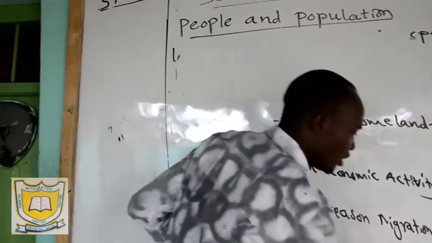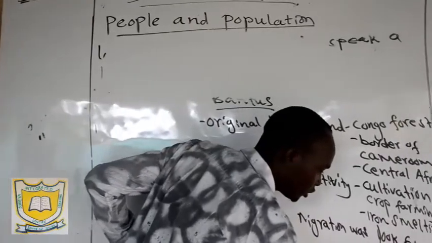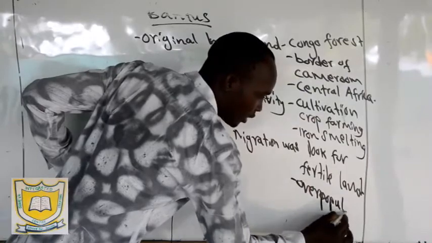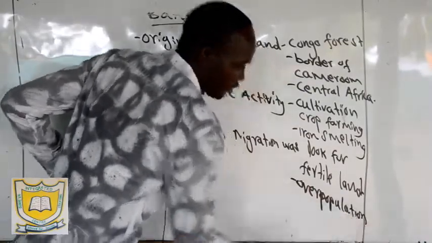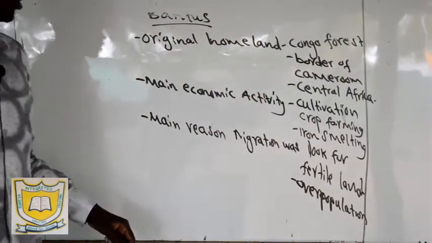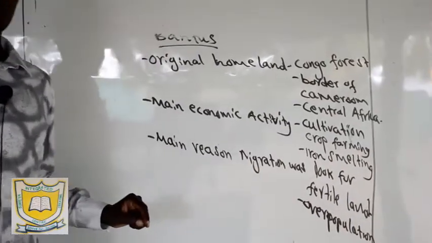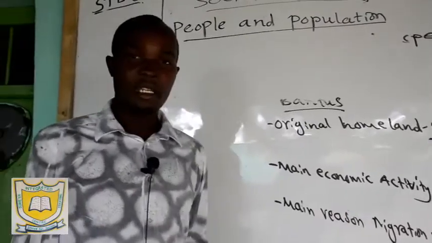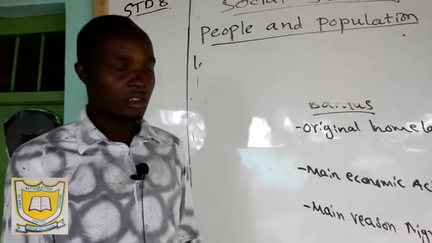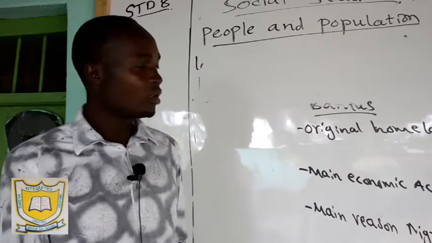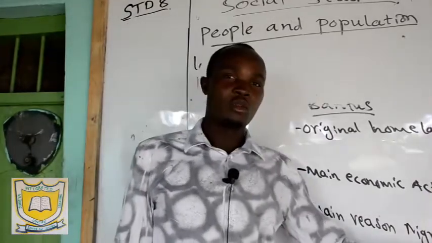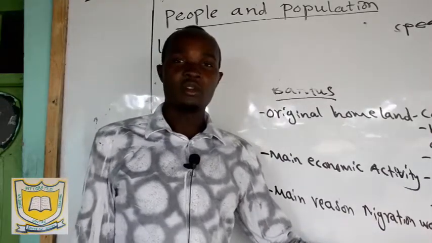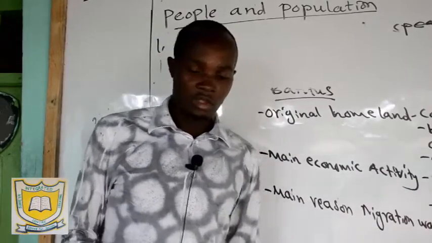Or you can say overpopulation. People increased in number in the Congo forest, so there was need for them to move and look for another land where they can settle, establish families, and carry out farming activities. So the main reason for migration of the Bantu was to look for fertile land for settlement or cultivation. Then also you can talk about overpopulation.